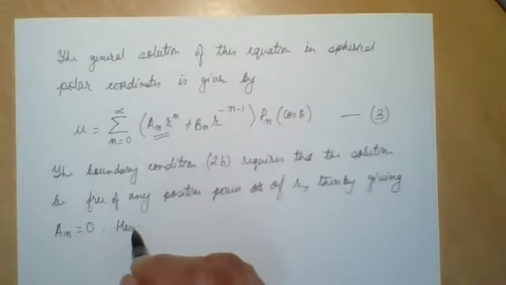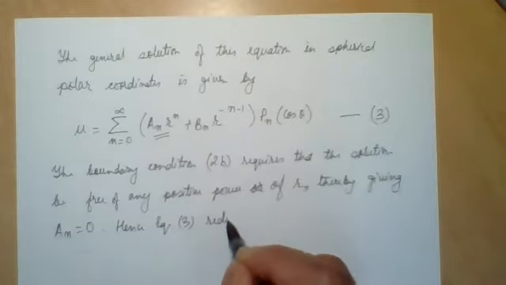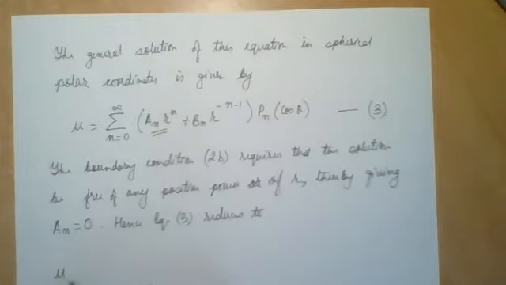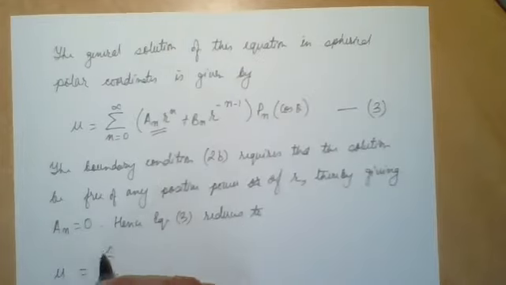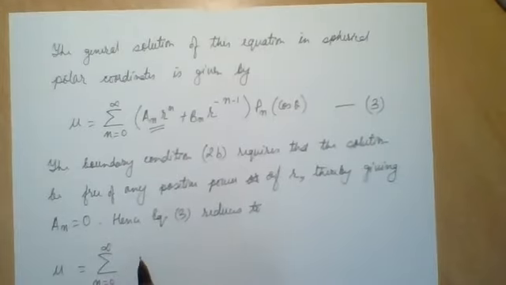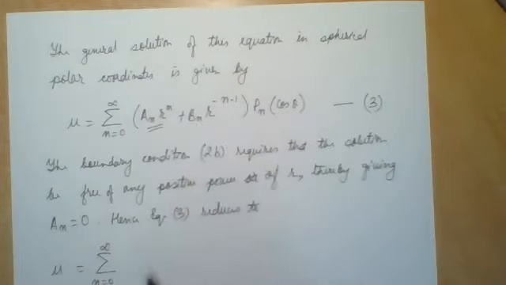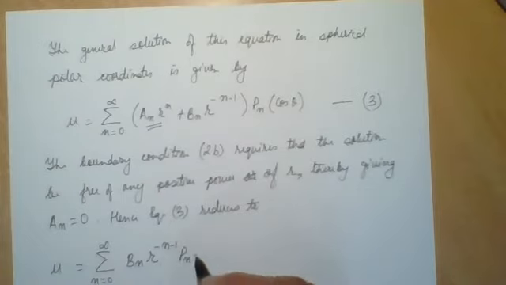Hence, equation 3 reduces to U is equal to summation over n from 0 to infinity, Bn R to the power minus n minus 1 Pn cos theta.